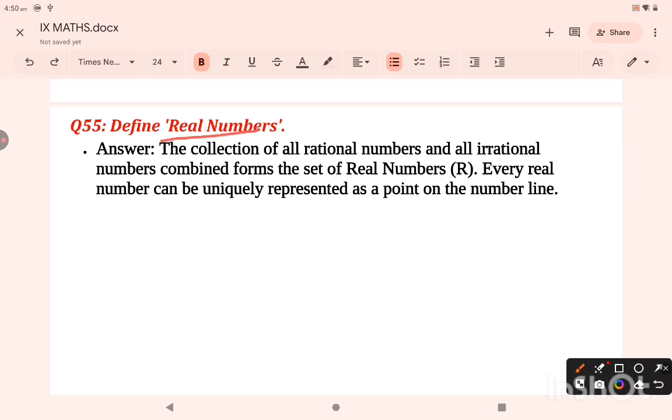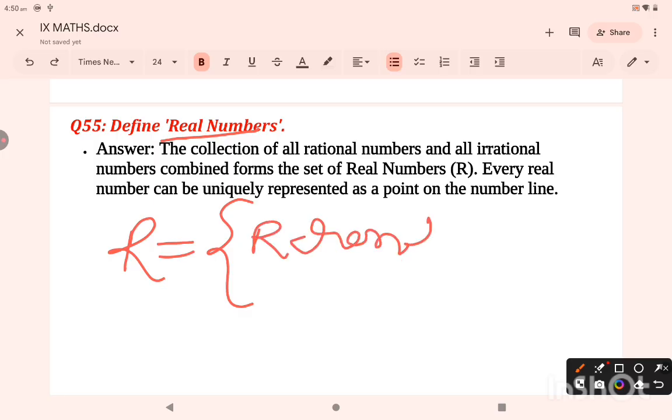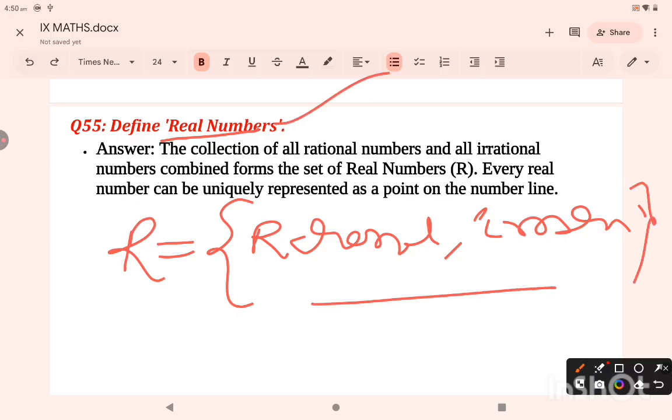So real numbers are denoted by capital R. Capital R is equal to the collection of rational numbers and irrationals. This is called real numbers.